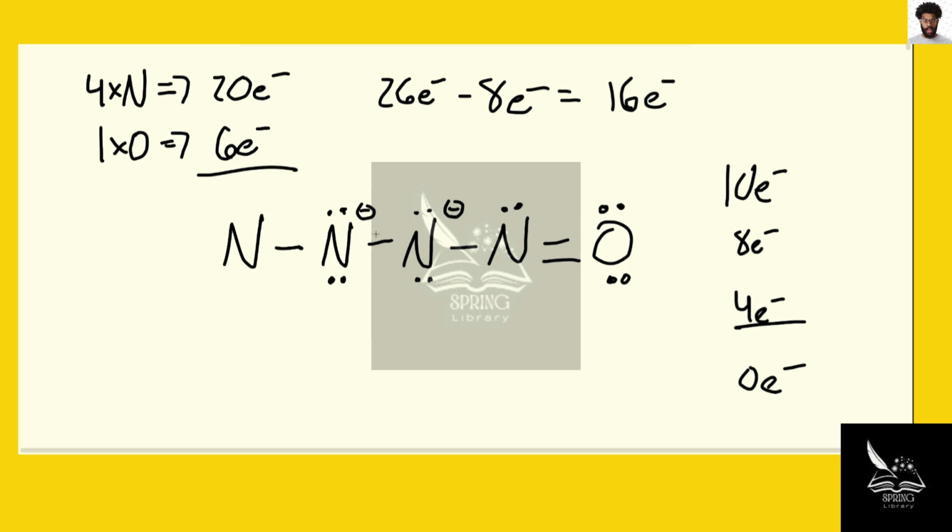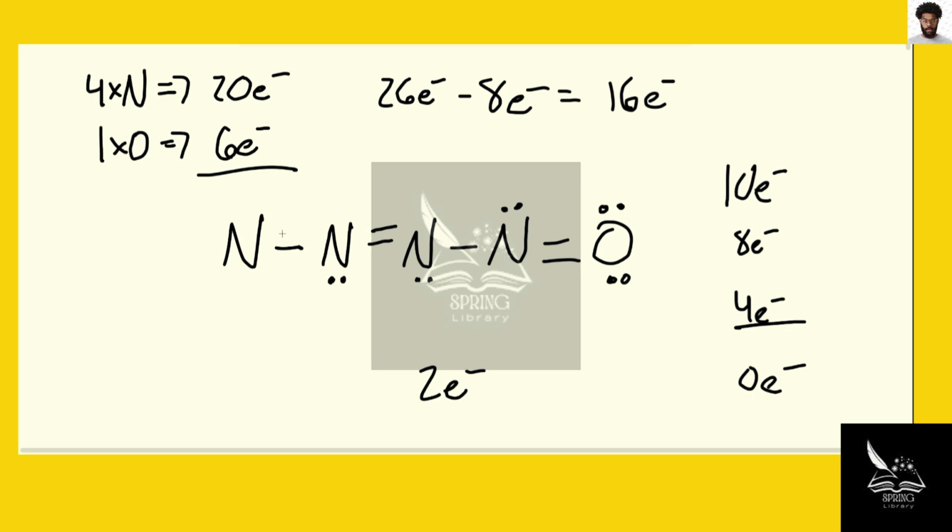We should have an overall neutral molecule, N4O. So maybe our first thought might be to erase these double bonds, erase those lone pairs and make a double bond there. And then we still have 2 electrons left. Okay. And now we've got 2 electrons remaining.